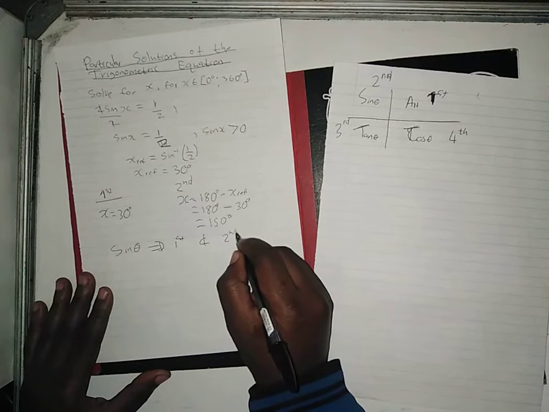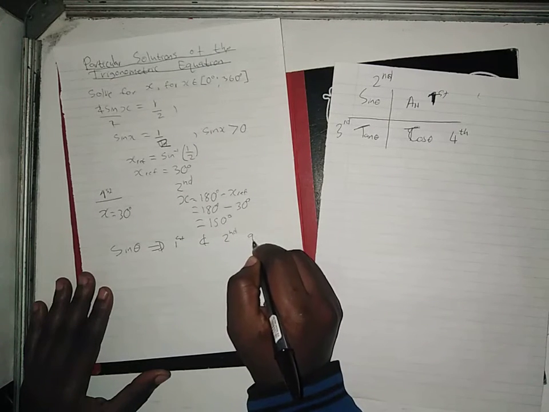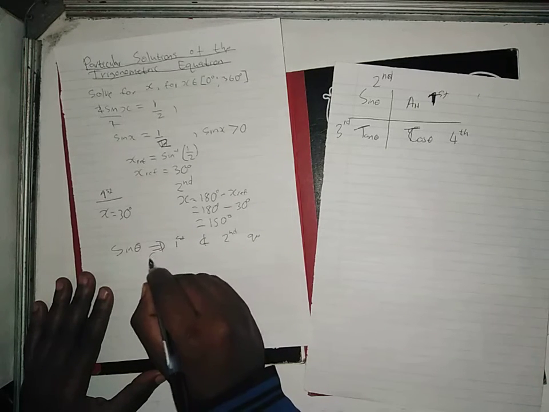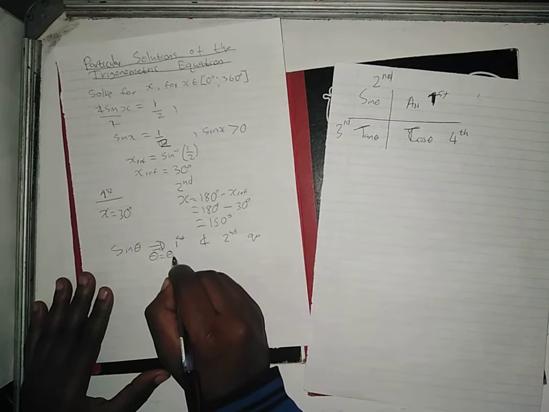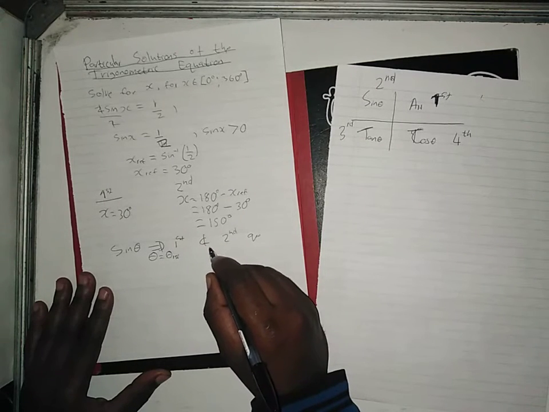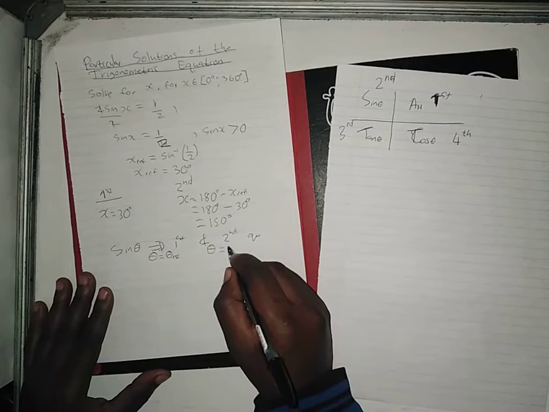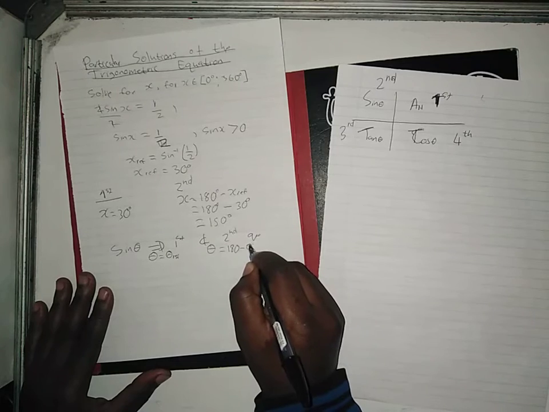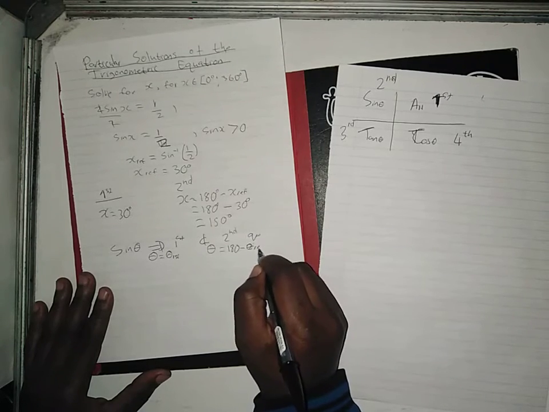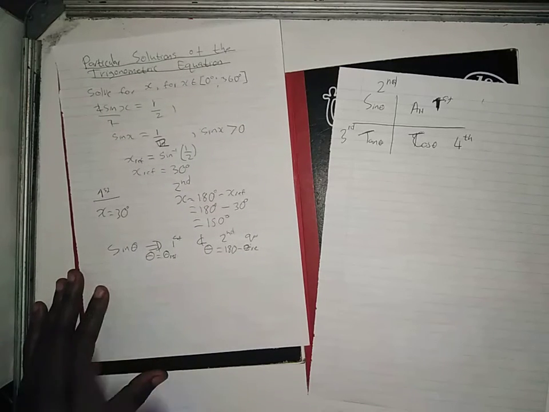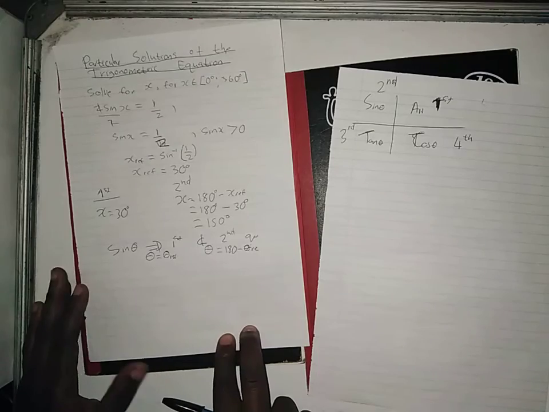In the first quadrant, theta is equal to theta ref, and in the second quadrant, theta is equal to 180 degrees minus theta ref. The theta ref is the one that you actually work with. In this case it's x ref.